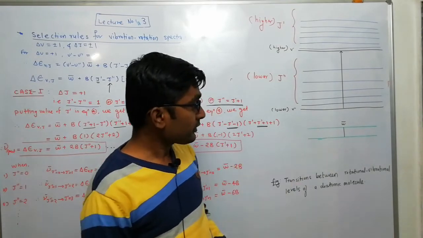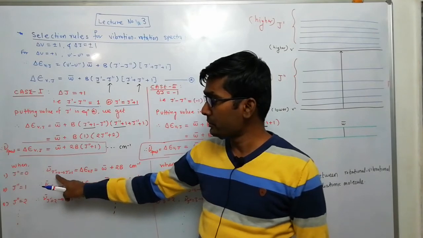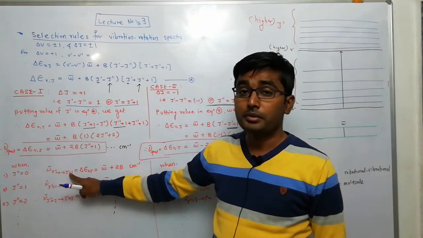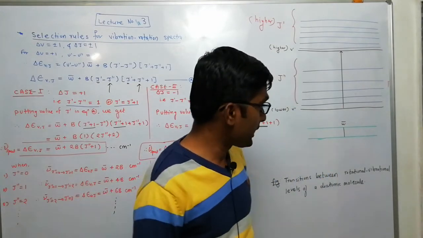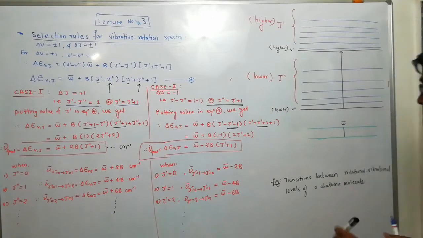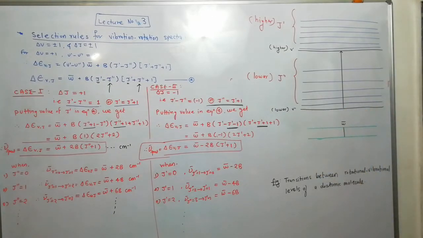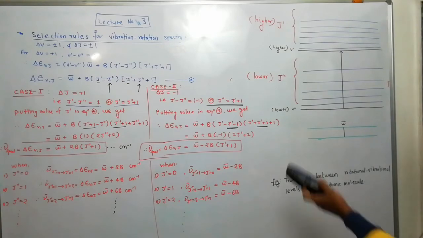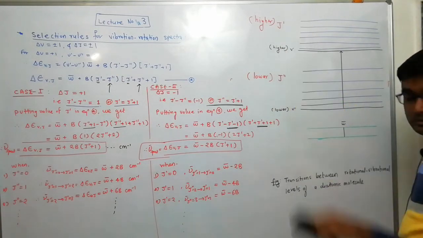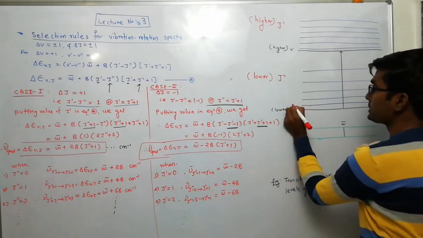Now look here. For the first transition, from J double prime 0 to J prime equal to 1, we will do that. Now we will give the numbering to this. Let us give the numbering, so it will be simpler for us.